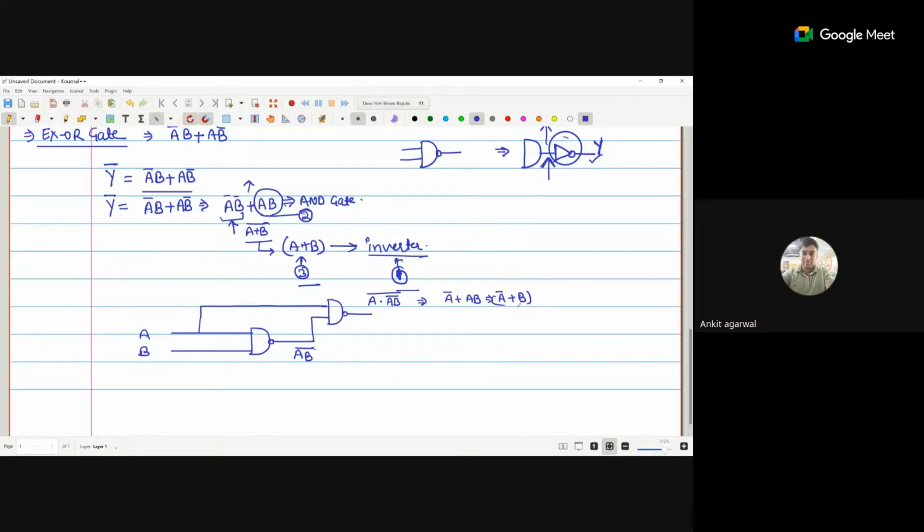So we are getting A bar plus B bar. Now we require AB bar, so again we do NAND with B.